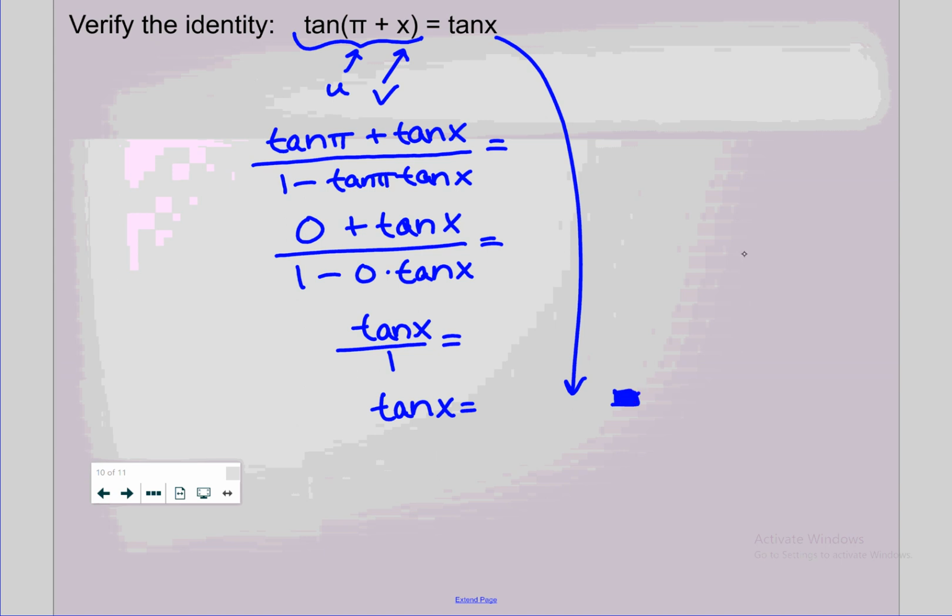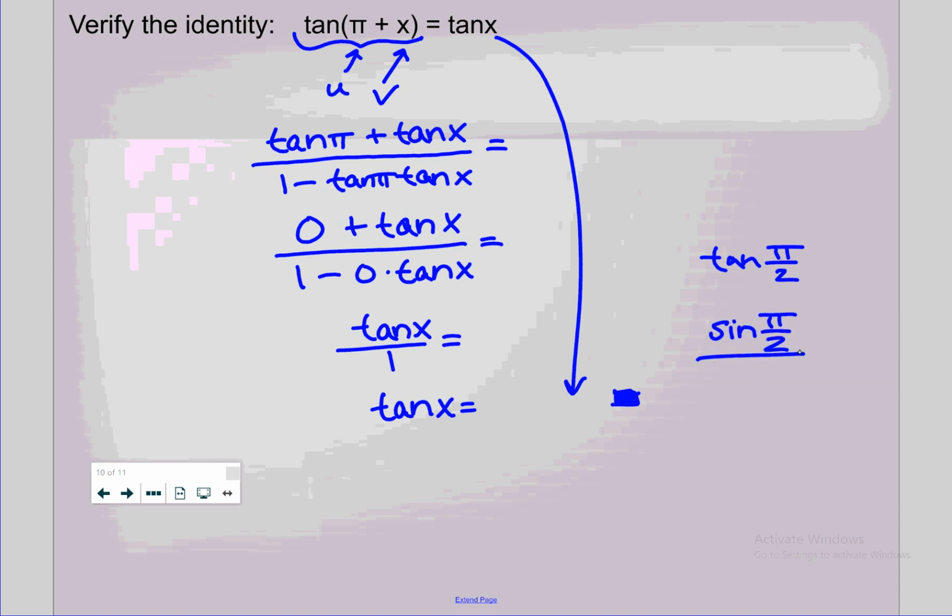You will have a problem on your homework that within the problem, you have to find tangent of pi over 2. What is the tangent of pi over 2? It is undefined. Can I plug undefined into a formula? Okay. When this happens, what's another way to write tangent? Or think about an identity.